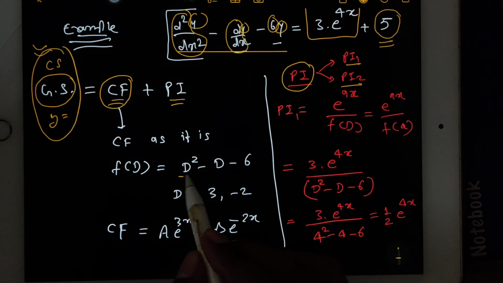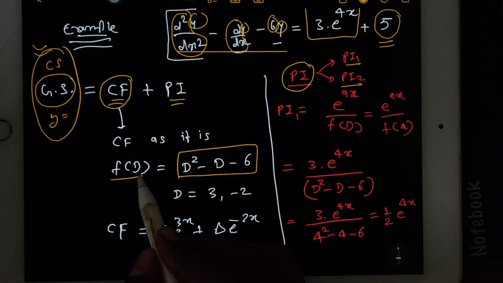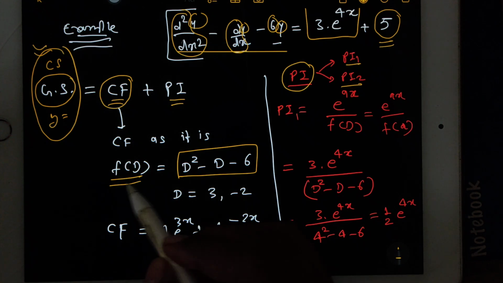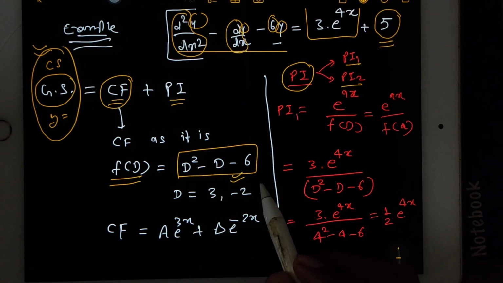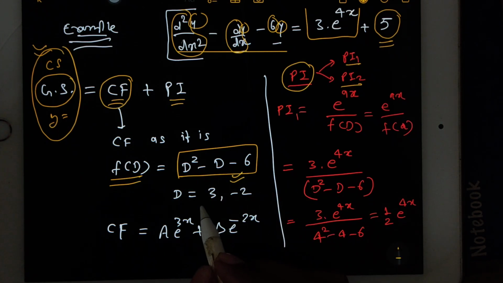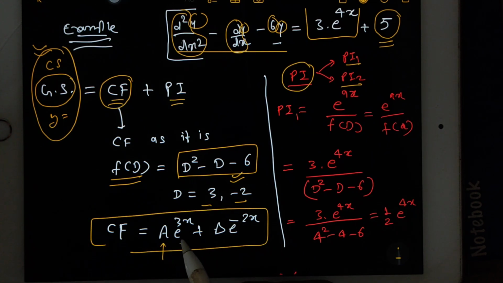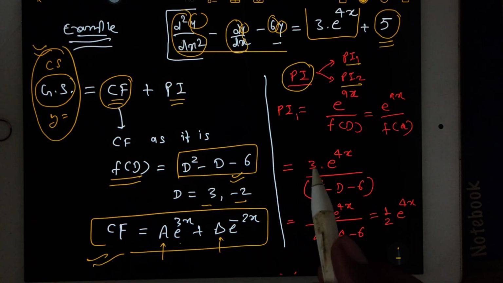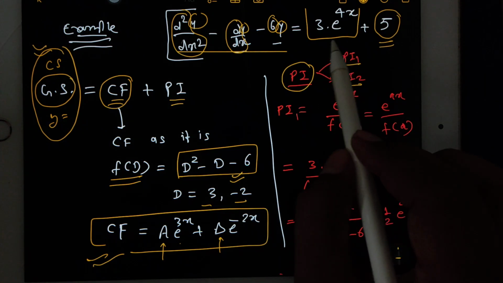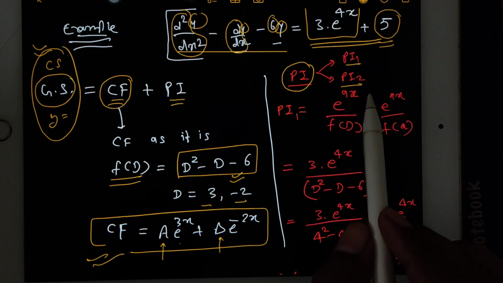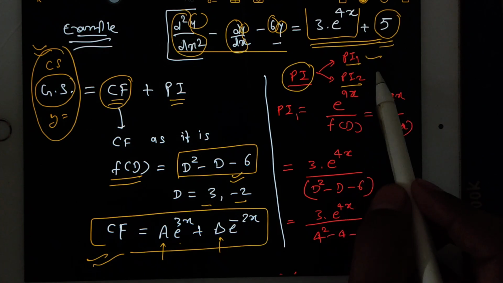So d square minus d minus 6 became your FD value. With this equation you find your roots. So roots are 3 and minus 2, and your CF became a times e power 3x plus b times e power minus 2x. This much you know from previous lectures. But in this lecture, because the right side is not 0, you have to calculate PI. So two types of PI you have to calculate.